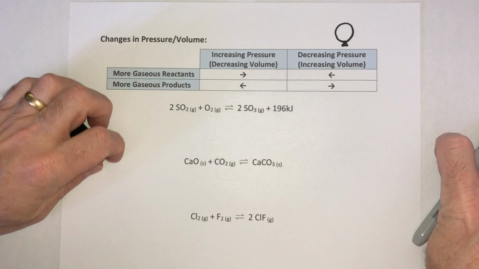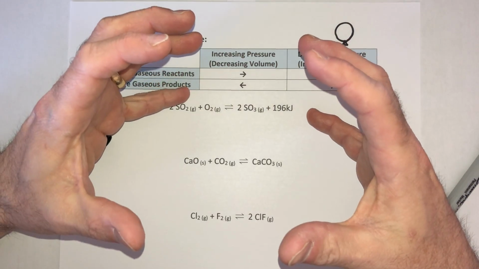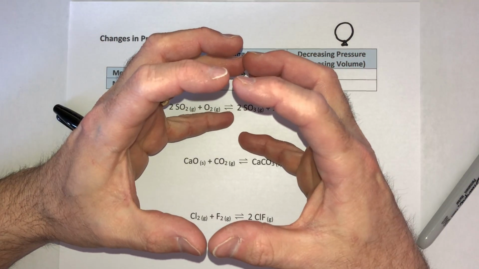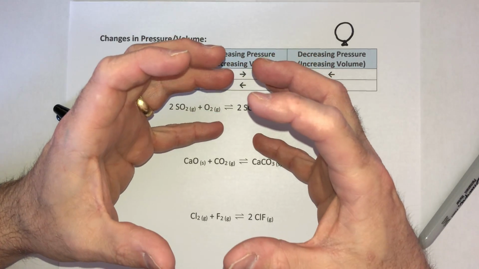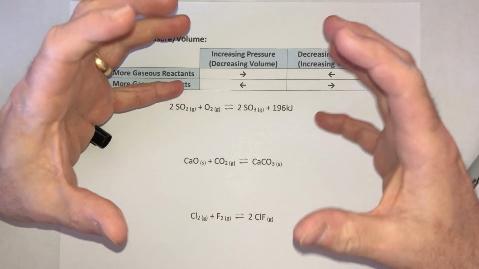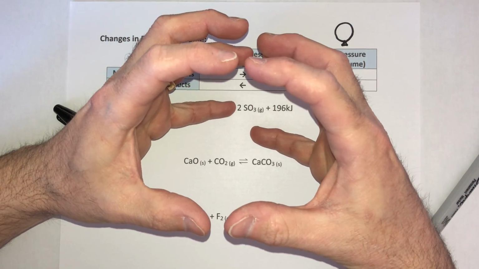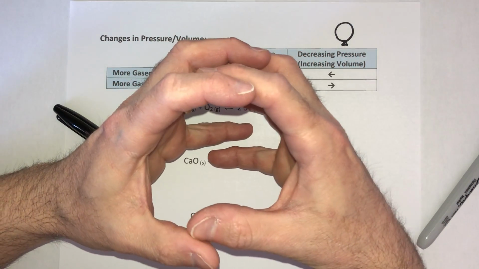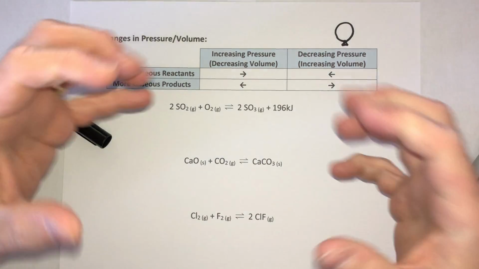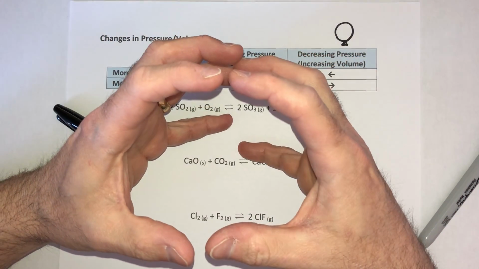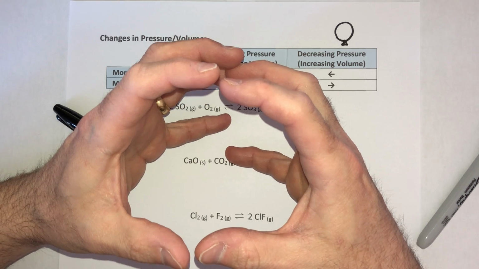Now, imagine if you take that balloon and you put your hands on it and you attempt to squeeze it so that it takes up less volume. You would like the volume to be smaller. So you take your hands and you squeeze the balloon smaller. If you keep squeezing, eventually the balloon will pop. That's because as the volume gets smaller, the pressure gets larger, right?